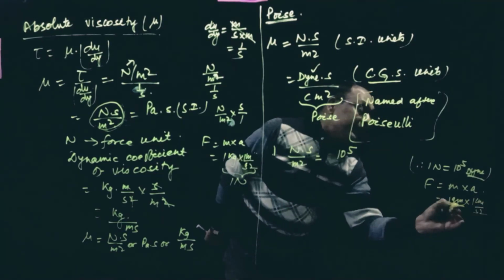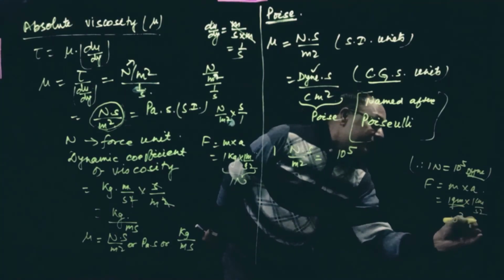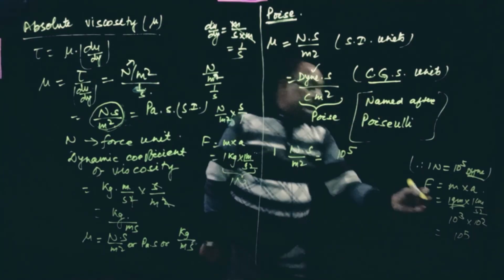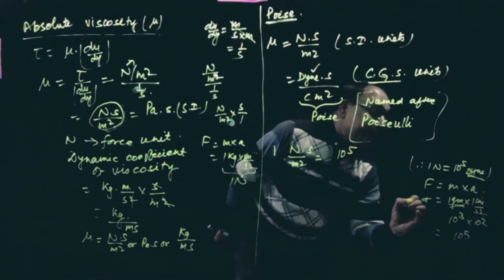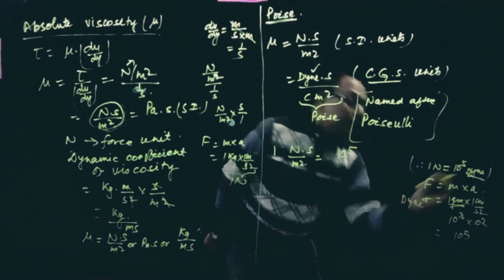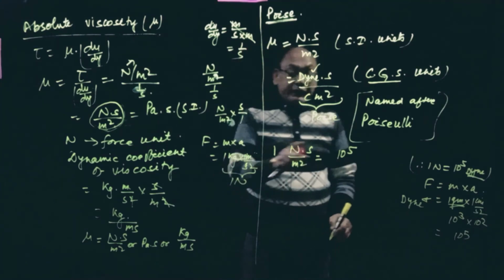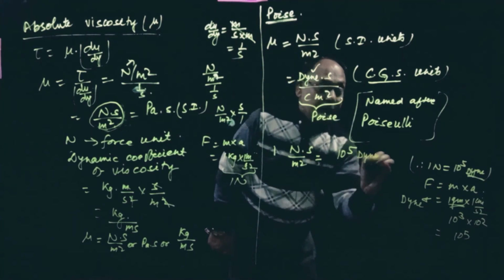Gram by kg is 10 to the power 3, and centimeter means 10 to the power 2, so it will be 10 to the power 5. This force, gram centimeter per second square, is known as dyne. So the dyne and Newton relation is 1 Newton is equal to 10 to the power 5 dyne.